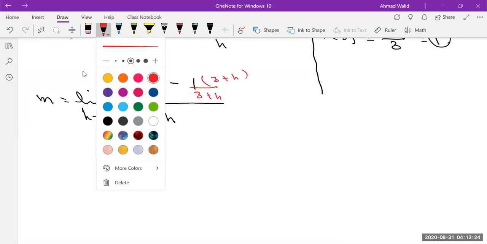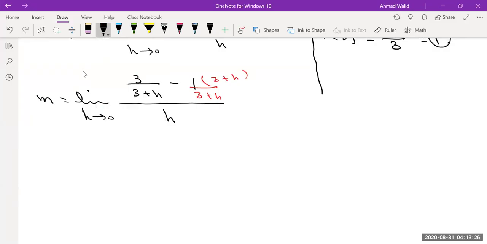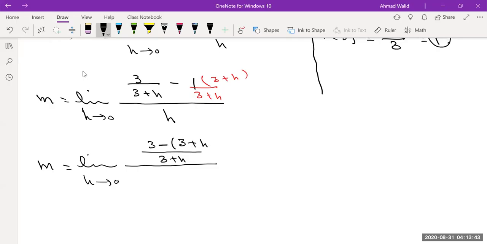Then you can write m equals the limit as h approaches 0, common denominator 3 plus h, and in the top you have 3 minus parentheses 3 plus h, over h. Distribute the negative inside.